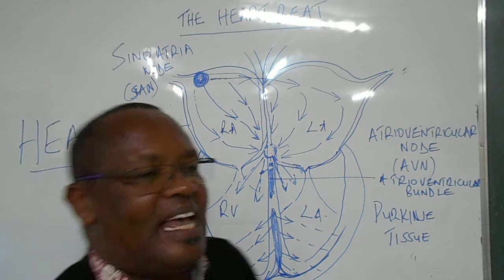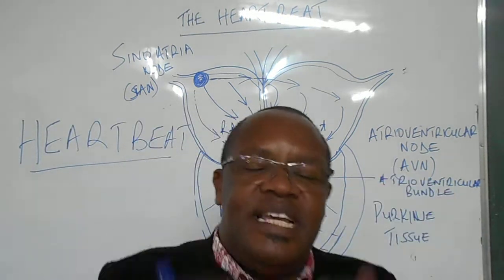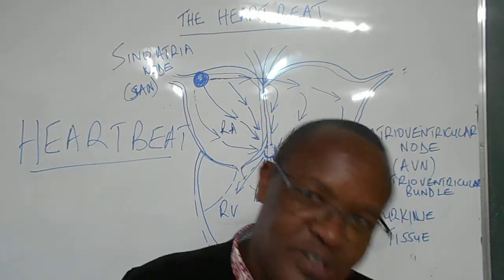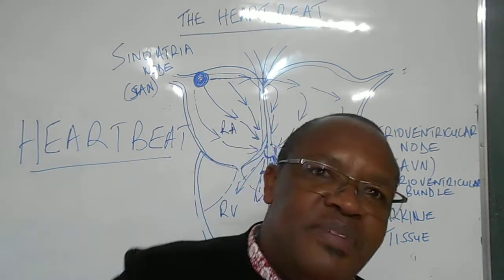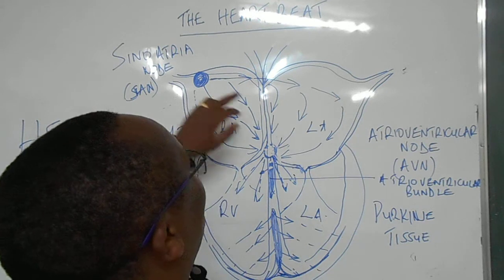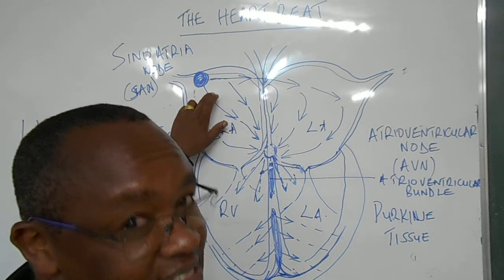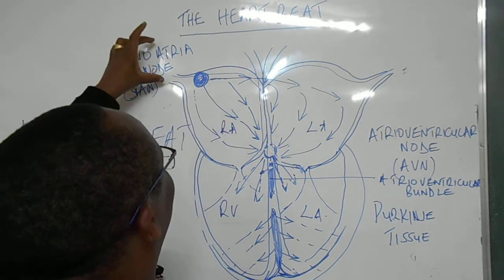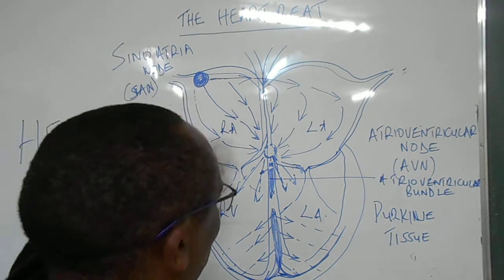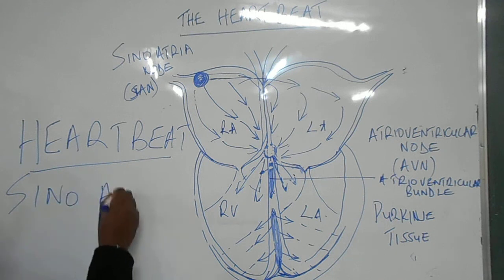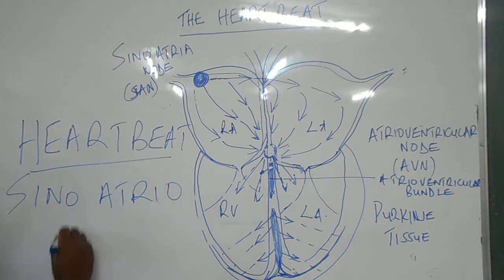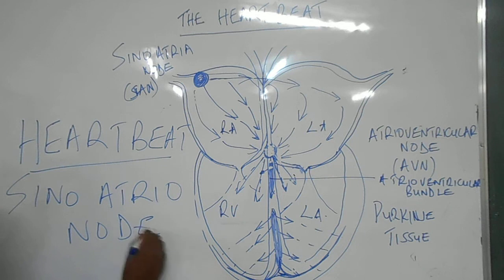So, the rate of contraction in heart muscle is determined by specialized tissues known as the sinoatrial node, also known as SAN.